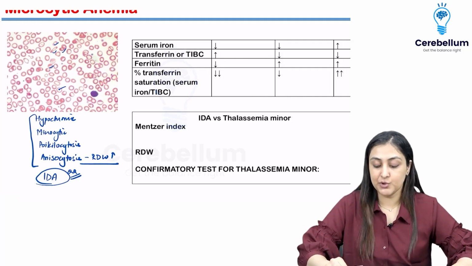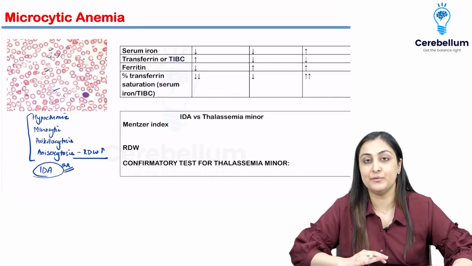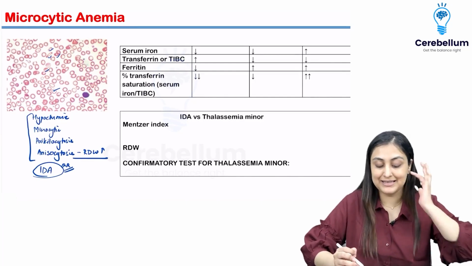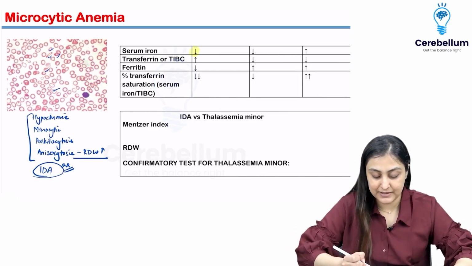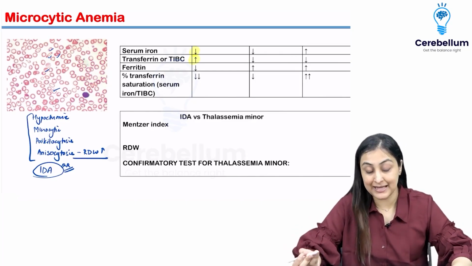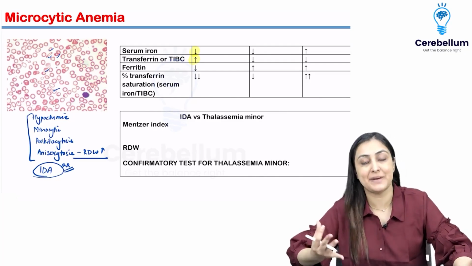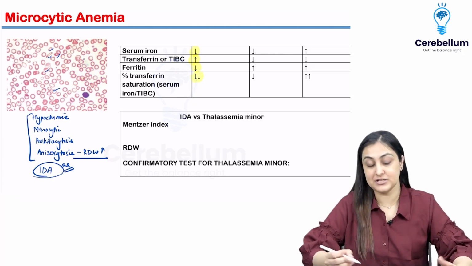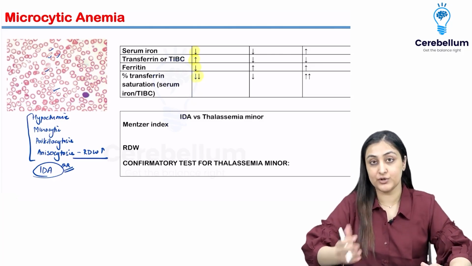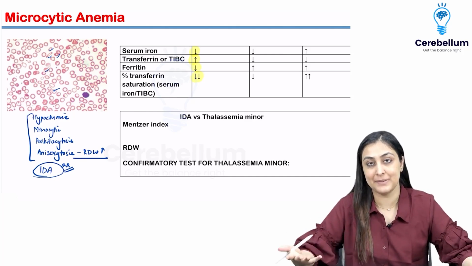Now how do you go about the iron profile? You found out that there's microcytic anemia and they give you the iron profile. How can you distinguish? So when you find serum iron is low, TIBC is high, meaning the total iron binding capacity, we want more iron. Ferritin is low and transferrin saturation is low, means body overall is deficient in iron, the capacity is increased.